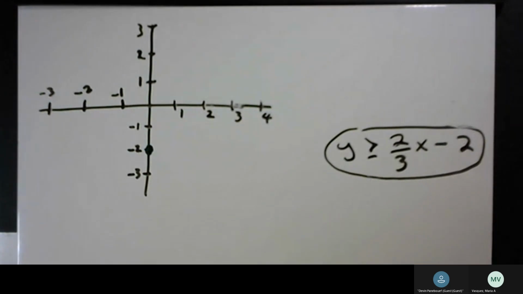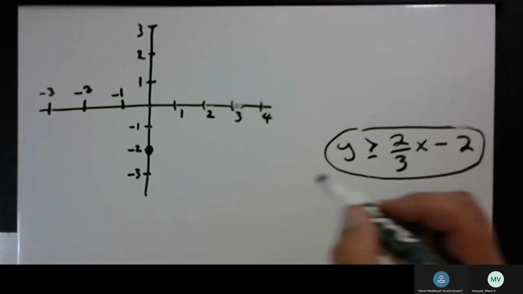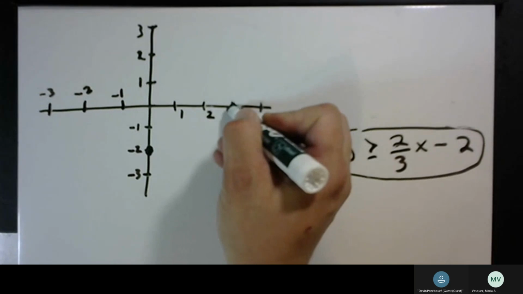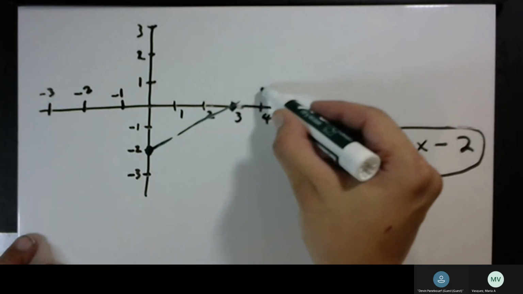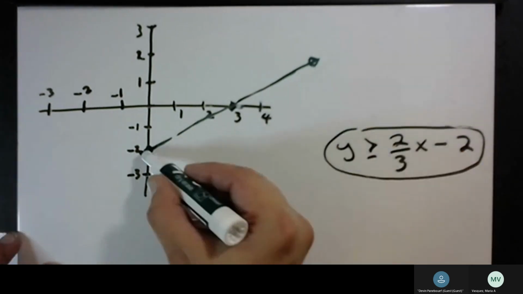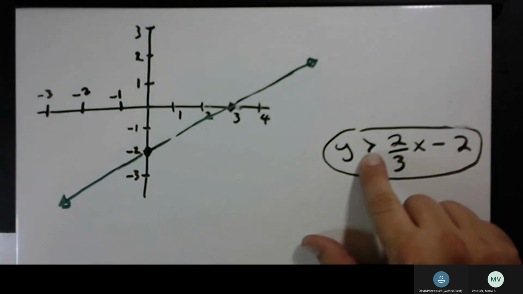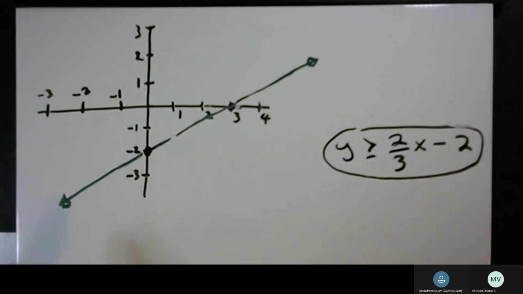And then for this slope, we have a rise of 2 and a run of 3. So we go up 2, we run 3. And that gives us our second point. And so we graph the line as if it was an equal sign instead of an inequality. So now I got to figure out the shading. Now, if this was this kind of a thing, this would be a dashed line. But since it's this, it's going to be solid. But now we got to figure out the shading.